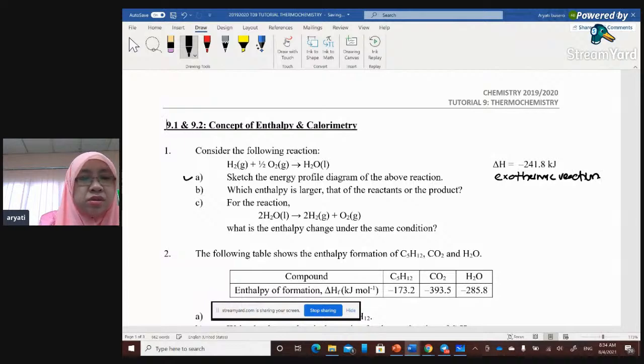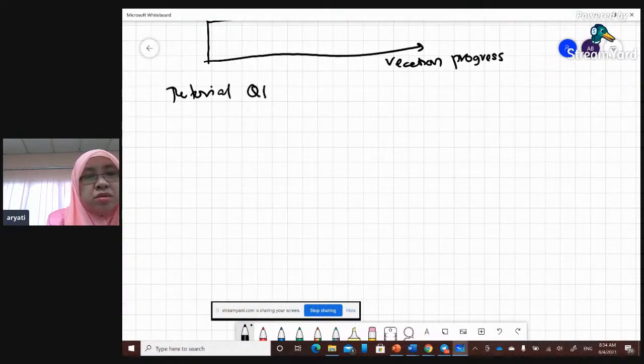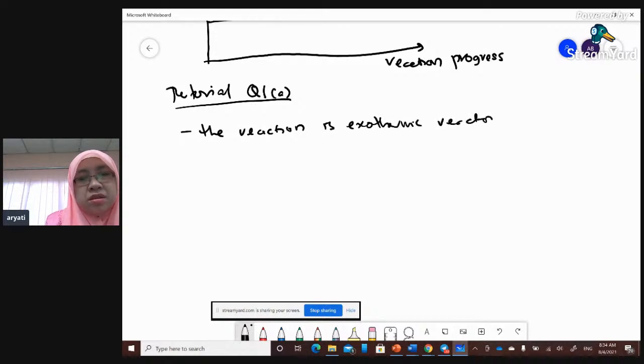So let's sketch the energy profile diagram. Question number 1A, tutorial question number 1A. The reaction is an exothermic reaction, so maksudnya delta H is negative.